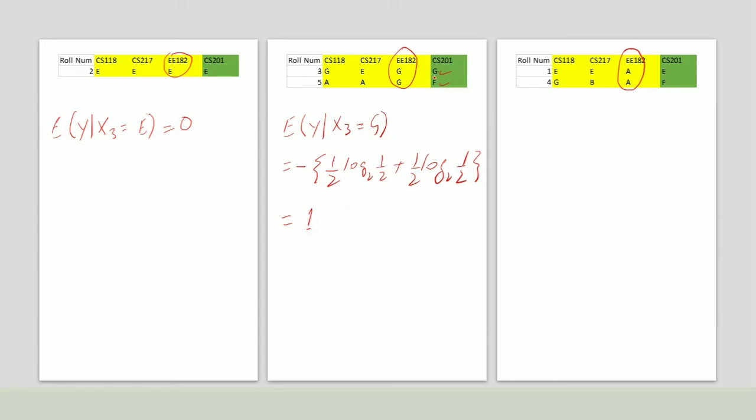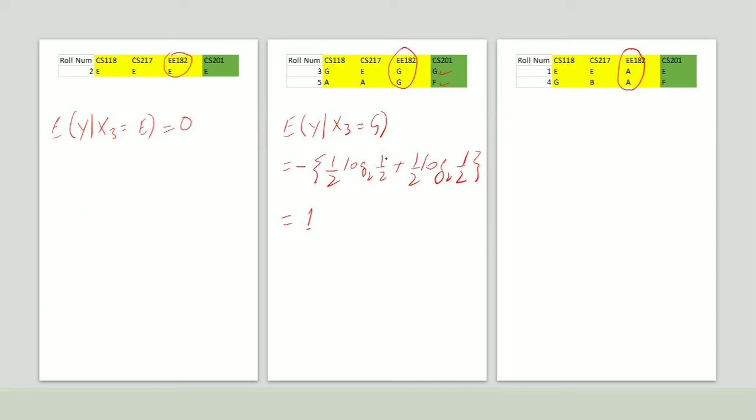Whenever the attribute we are calculating the entropy for has only two possible values and they are repeating an equal number of times, it means that the data set has the maximum entropy, and for two possible values the maximum entropy can be 1. So that's one. And for the third partition, we can see again that there are two records and one has E and the other has F. So the entropy would be again exactly the same.